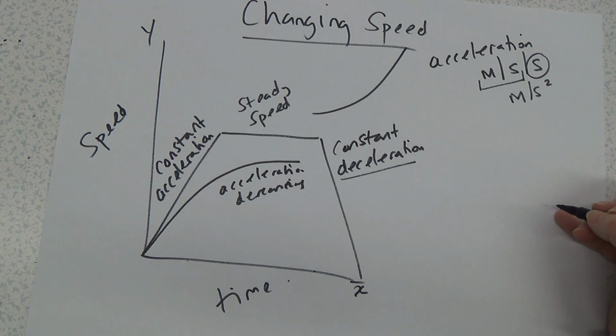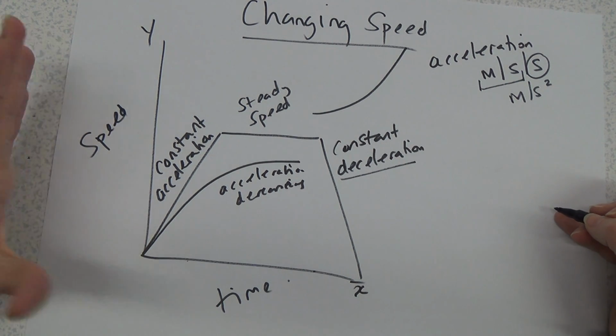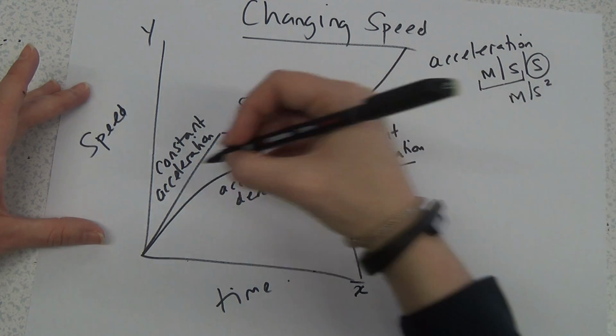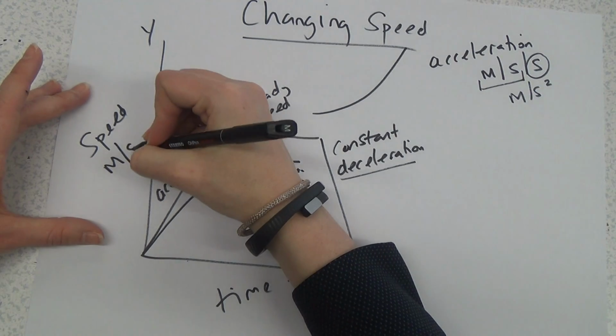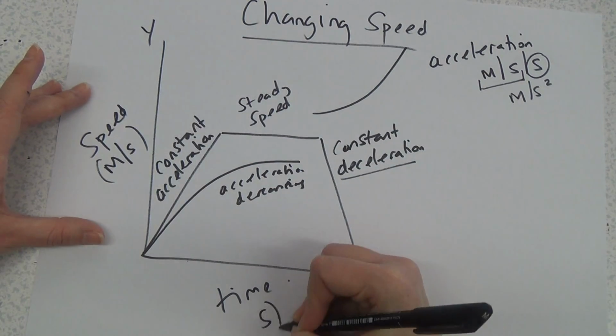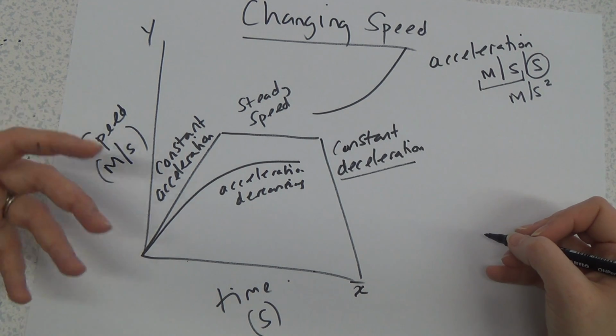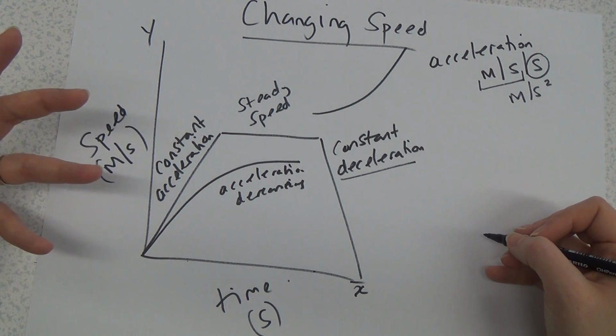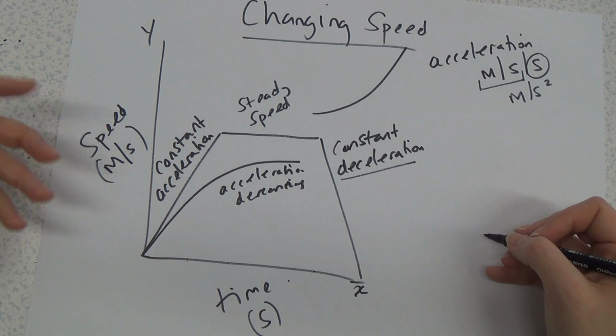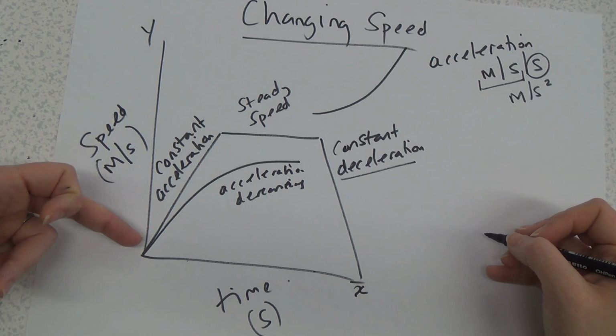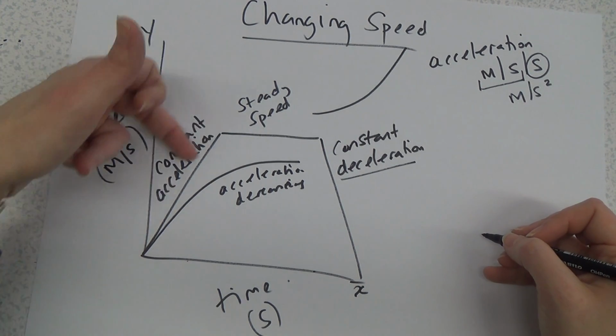So when we focus on a speed time graph, let's say we use typical scientific units of meters per second and seconds for time. What we have the ability to do is calculate certain key things, and one of those things we can calculate is the acceleration, especially if it is a uniform straight line.